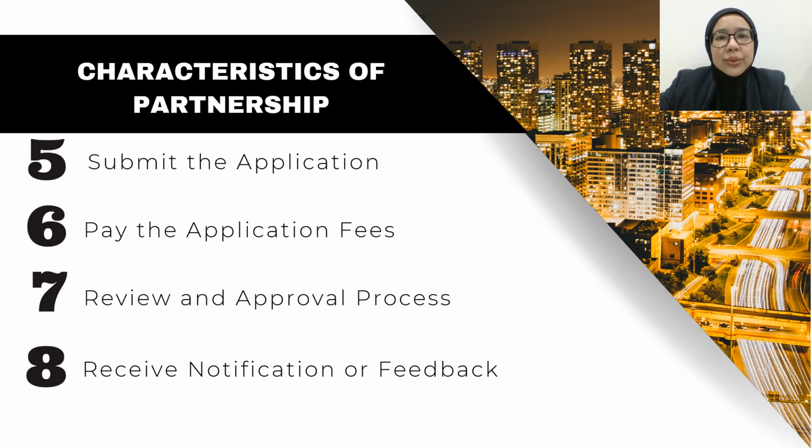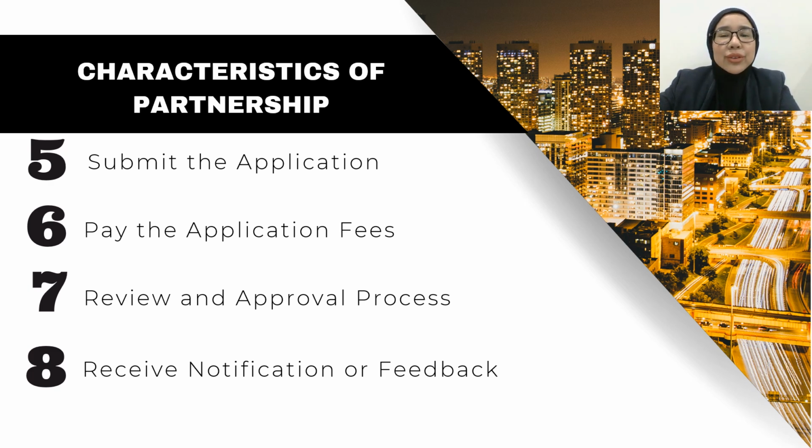Next one is the review and approval process. The relevant authority will review your application and supporting documents to ensure compliance with regulations and eligibility criteria. This process may involve inspection, assessment, or consultation with relevant stakeholders.